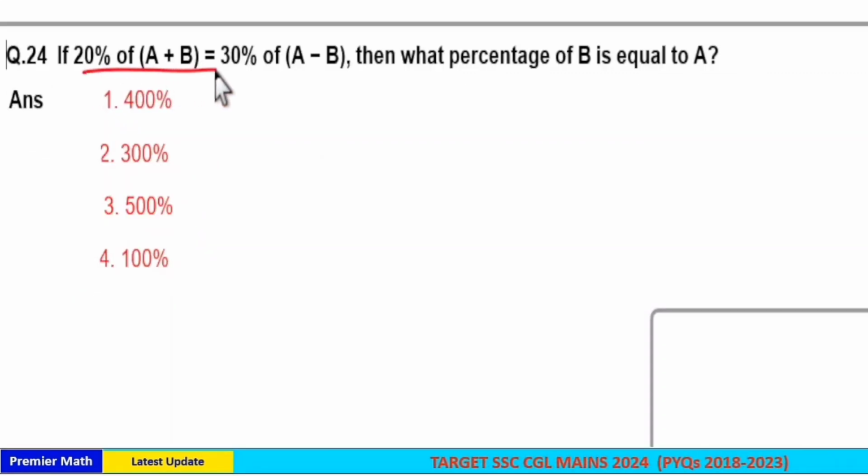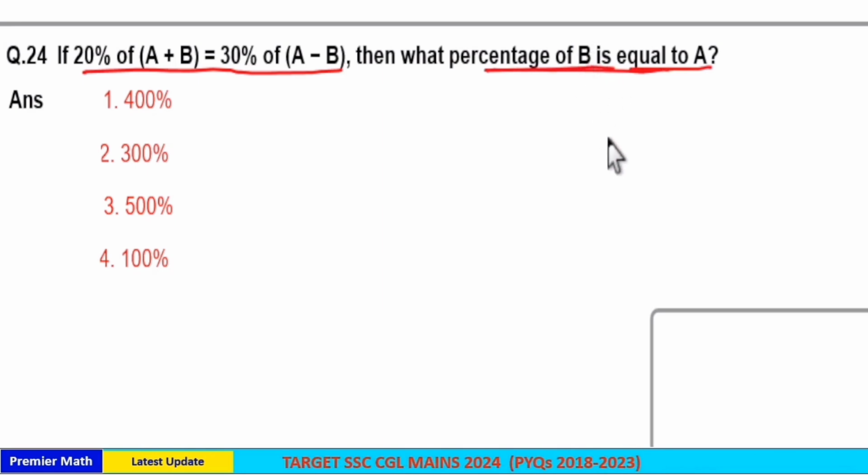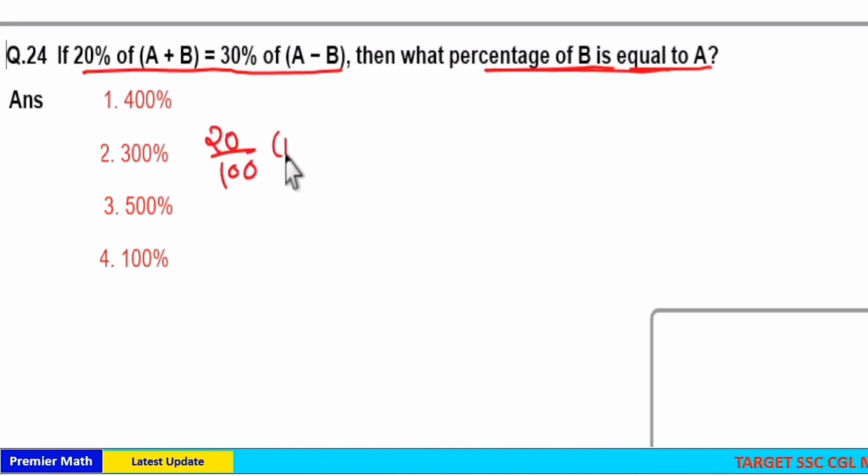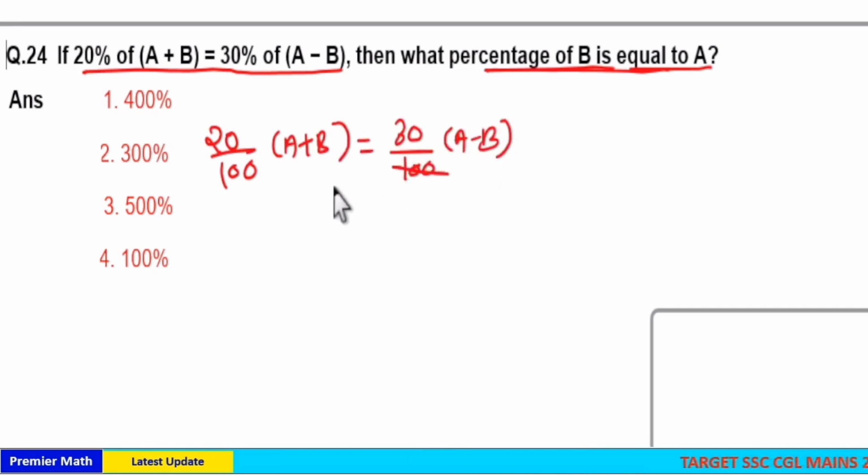If 20% of A plus B is 30% of A minus B, then what percentage of B is equal to A? What percentage of B equal to A means B should be in the denominator when you convert it into percentage, and write A in terms of B. Here 20% of A plus B is equal to 30% of A minus B. Percentage cancel, 0 cancel. 2A plus 2B is equal to 3A minus 3B.